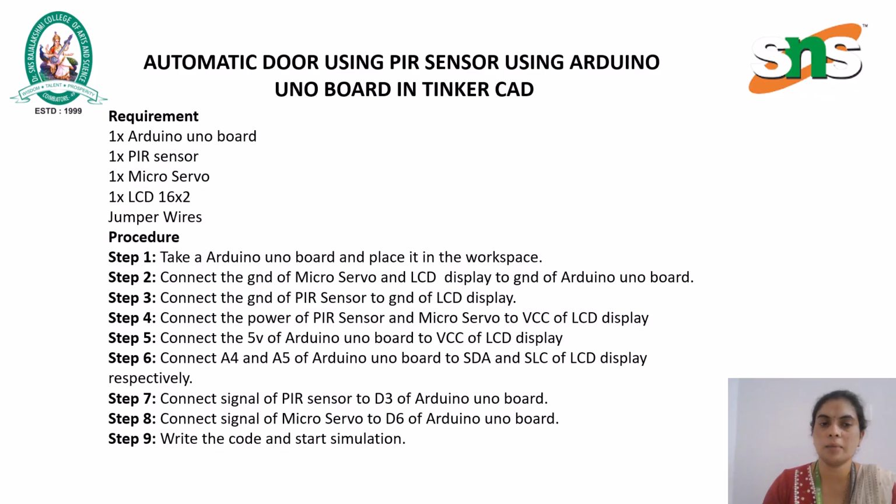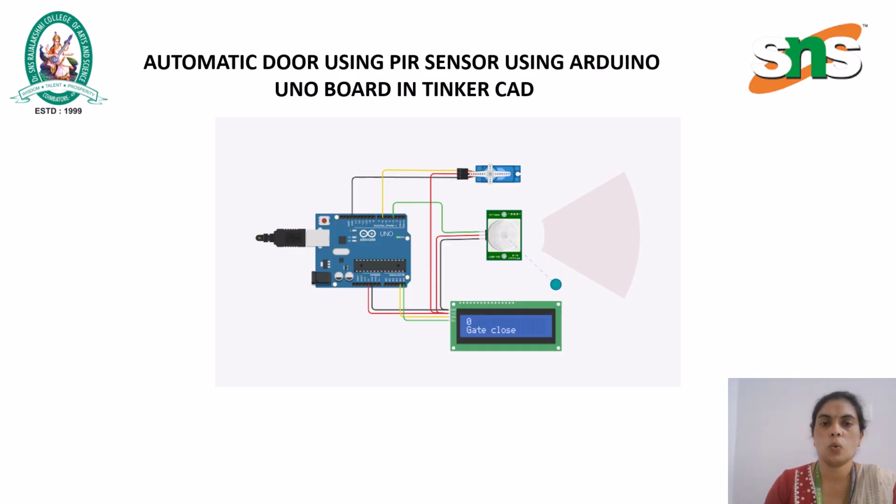Once the setup is over, that is, after connecting all these things, we switch over to the coding part to start the simulation. This is how the overall connections of the automatic door are represented. We keep the Arduino board, then the PIR sensor, then the micro servo, and whether the gate is closed or open is displayed on an LCD display.